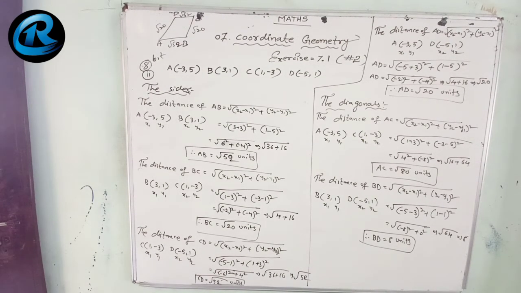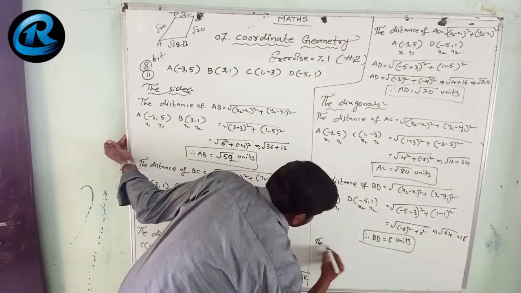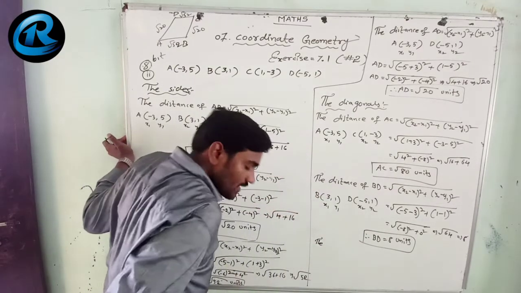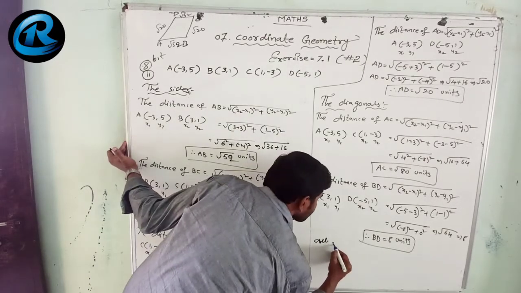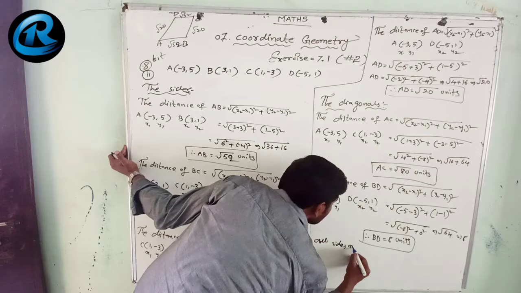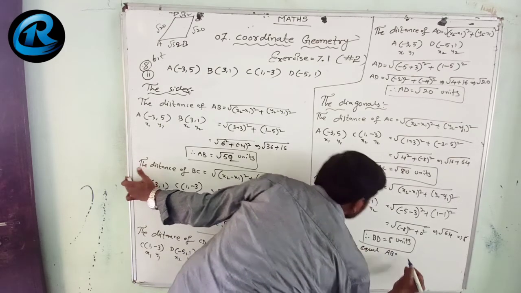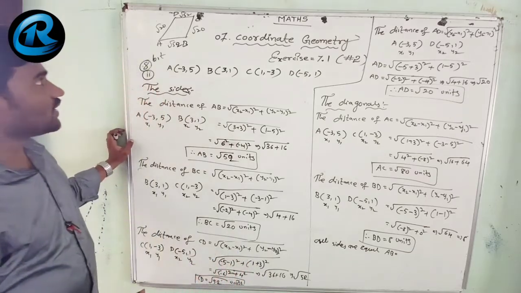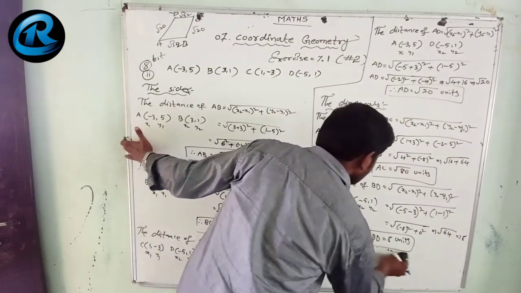So here what happened, all sides are not equal, opposite sides are equal.